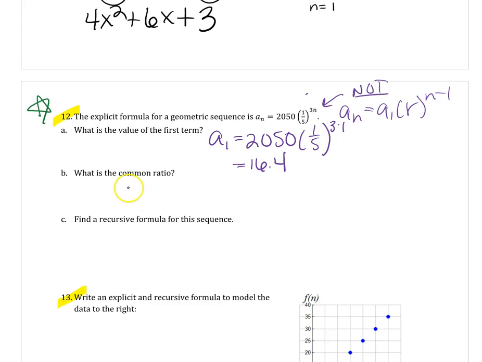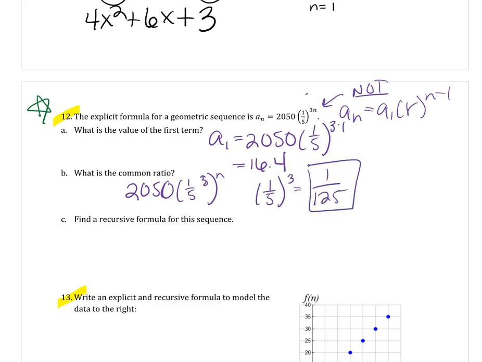If I manipulate this a little bit and bring the 3 in, what this means is every time n goes up by 1, we are multiplying by 1/5 to the third. Oh my goodness. I keep accidentally opening things with the palm of my hand on this. Anyway, so 1/5 to the third is 1/125. So that's your ratio.